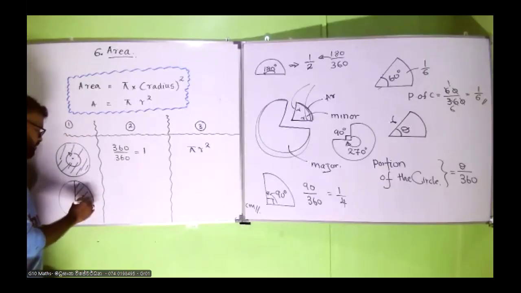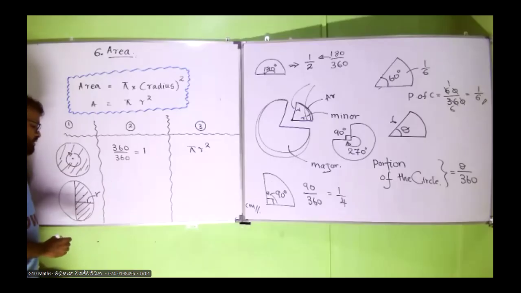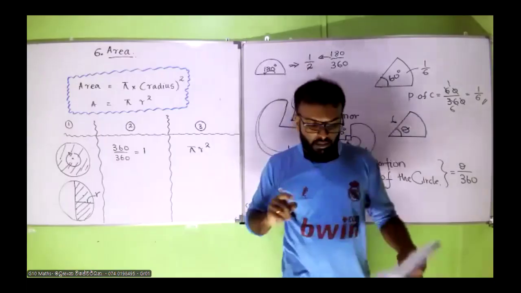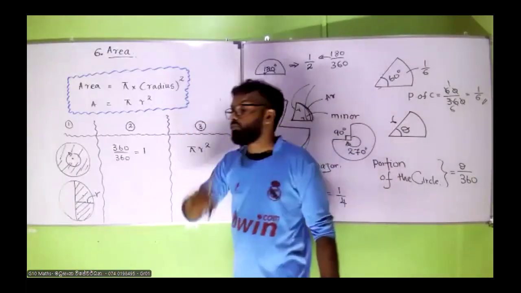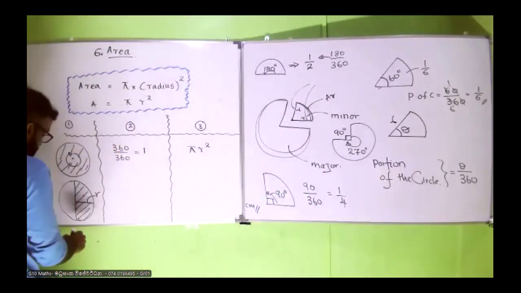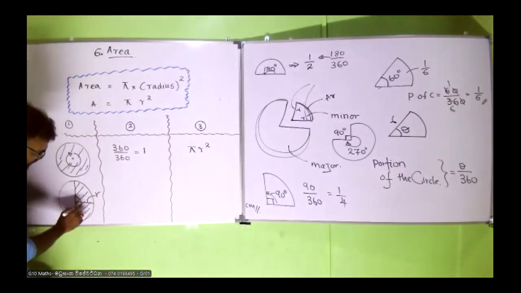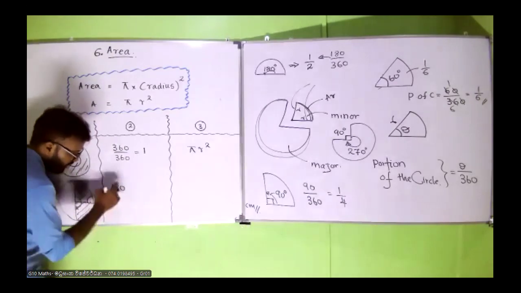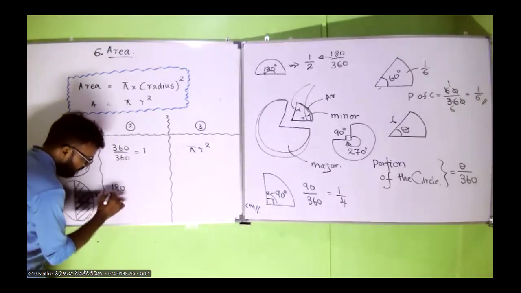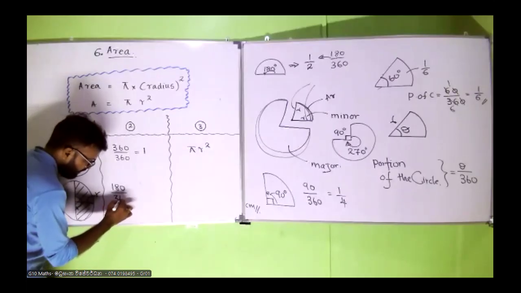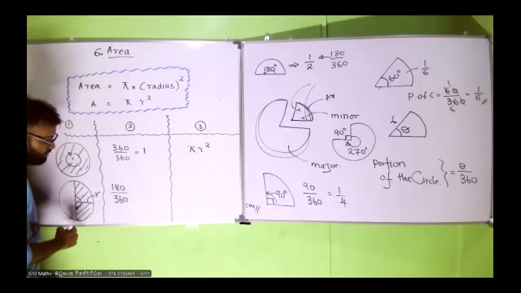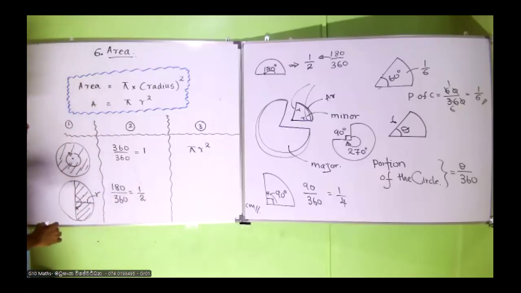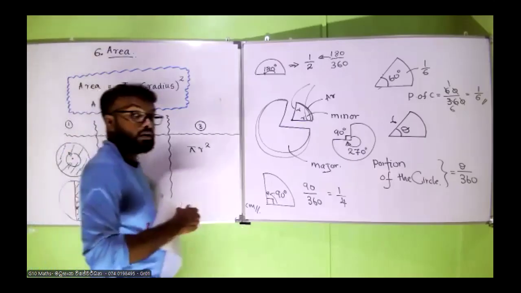Now, how to represent the shaded part as a portion of a circle? This is half of a circle, 180. That means 180 divided by the full circle's angle, 360. So it is half.